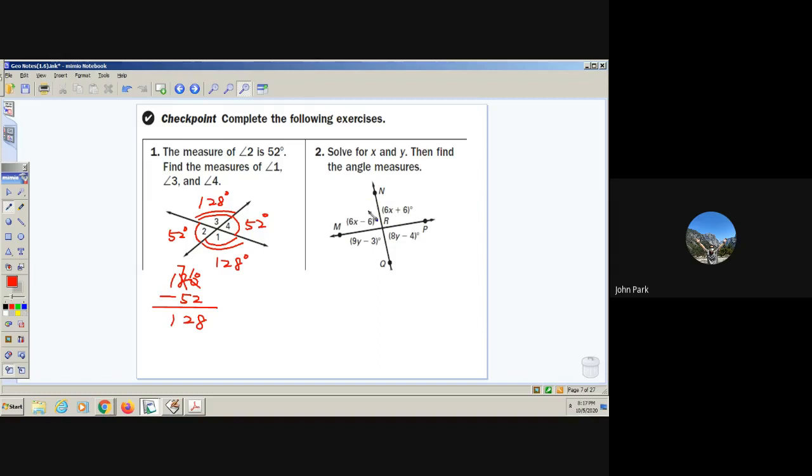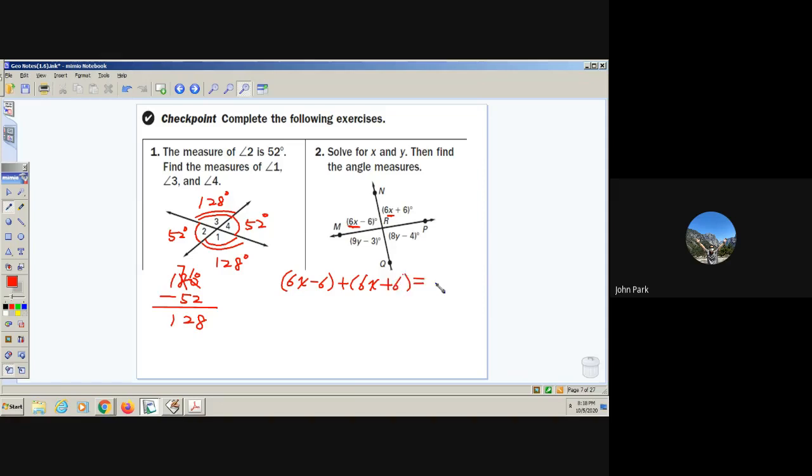All right, so this is similar to example 2 that we just did. So hopefully this one will come out all right, but let's use the linear pair for the x right here. So we got the 6x here and then the other 6x there. So we're going to add those two. So we're going to add 6x minus 6 plus the other linear pair there, which is 6x plus 6.